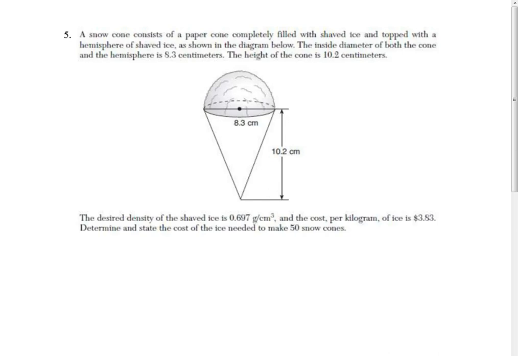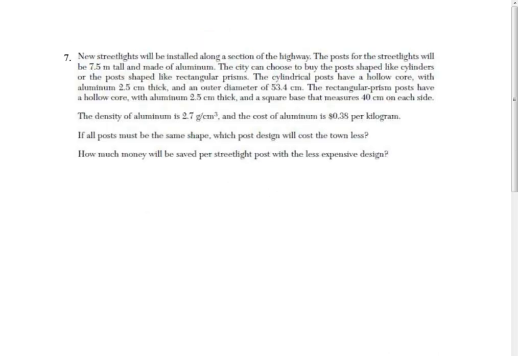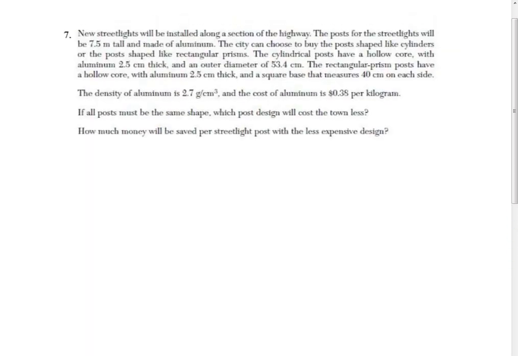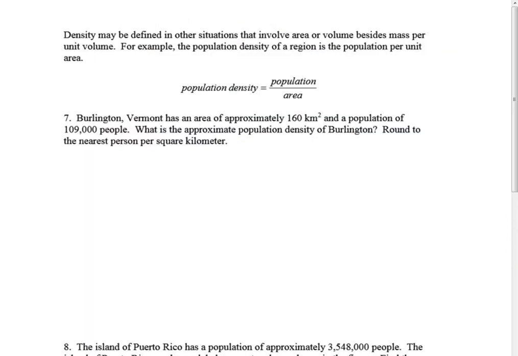Let's look at, I want to do a population density one. In other situations that involve area or volume, besides mass per unit volume, population density of a region is the population per unit of area.